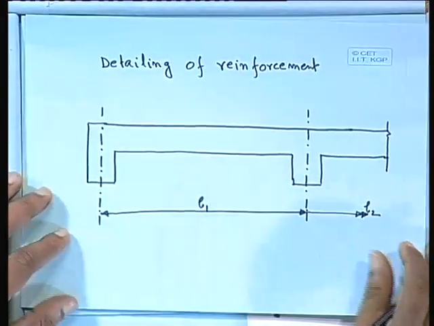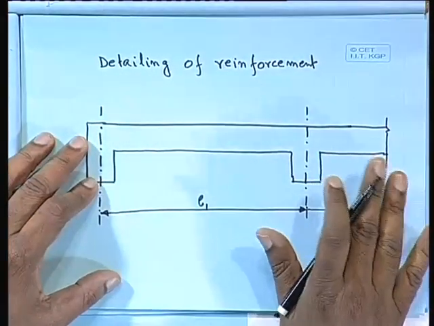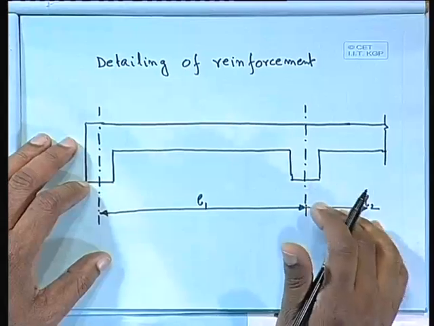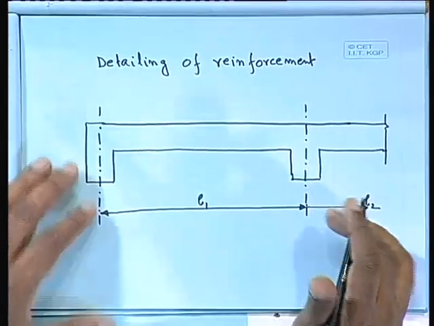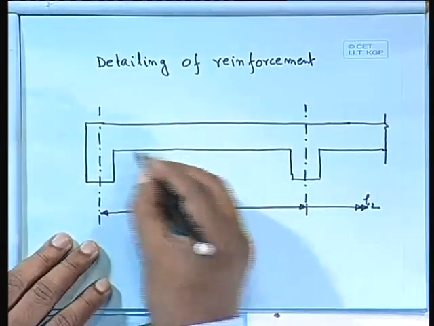So, now if we come back to the specific one, why I am telling this: if we take this section, where is that curtailment that we have to mention?